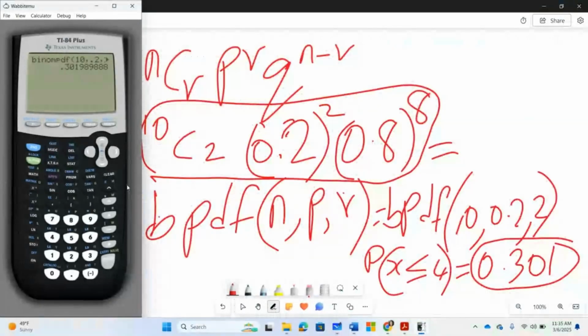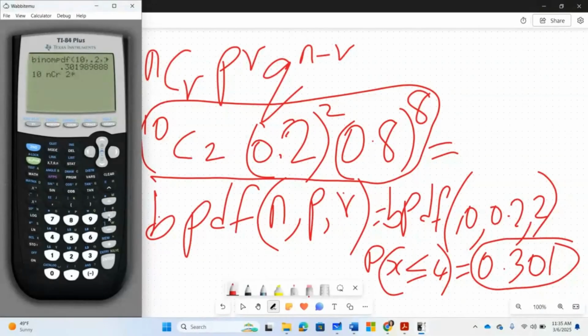So how do I put this in my calculator? I already know that combination is probability. So 10 combination 2. I put 10, go to math, arrow to PRB, combination is number 3, combination 2, and then I multiply it by success.